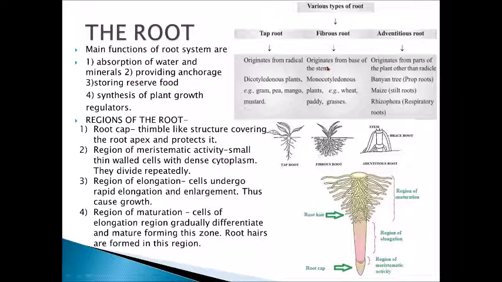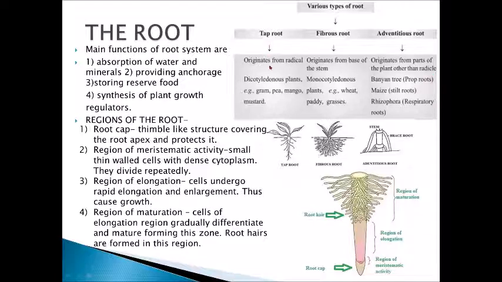In this, the primary root, which originates from the radicle, is short-lived, and hence after that primary root dies, new roots originate from the base of the stem, and these roots are called fibrous roots. And the third type is where the roots originate from a part of the plant other than the radicle.